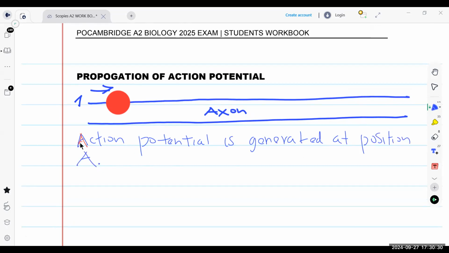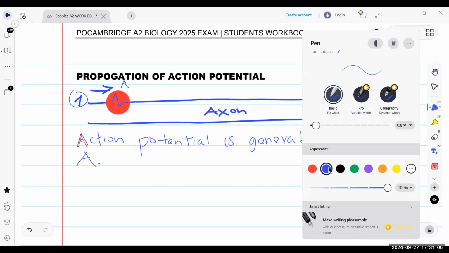Number one: action potential is generated at position A. So this is position A. Now the action potential goes through depolarization, repolarization, and then comes back to the resting membrane potential. Here, at the red dot, a new action potential is generated due to a stimulus. So that's number one.